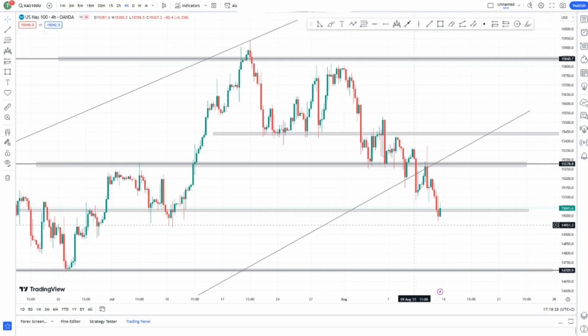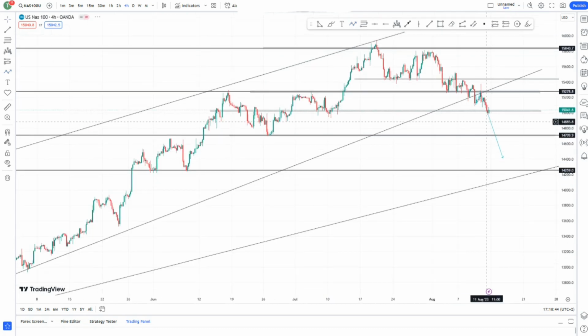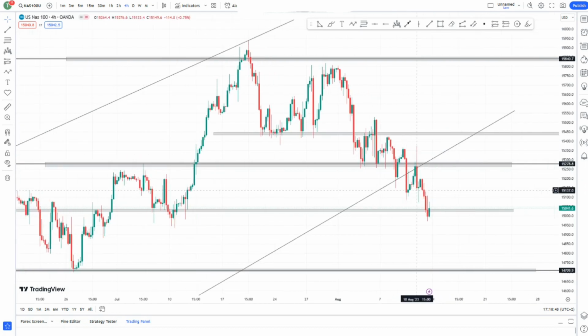Now you can see that we've already broken out of this trend line and we retested, came back for a retest. Now we're anticipating a move further down towards the downside, right? That's what we're anticipating on NASDAQ, just from the 4-hour time frame.